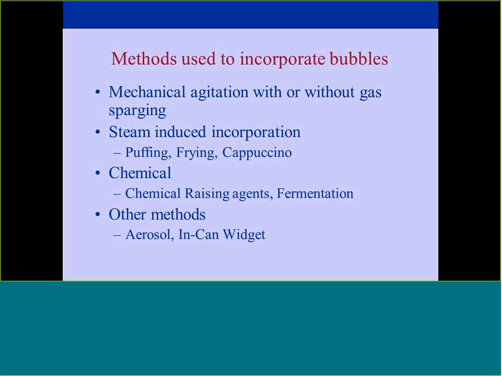Frying is also a method of creating porous structure, because it is important to note that frying is also drying. A dehydration operation. It's very unfortunate that food scientists don't see frying as drying. People think frying is a separate unit operation. We will understand frying much better if we look at it as drying.